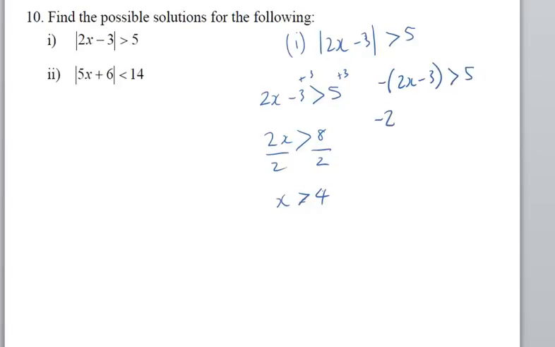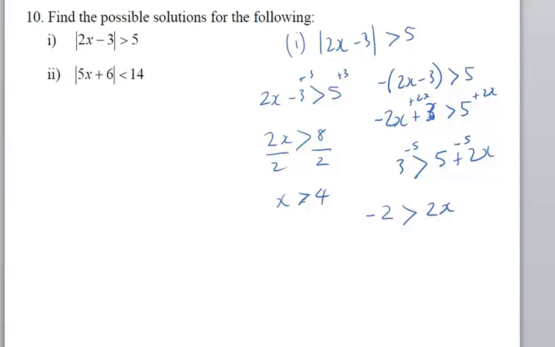So we get negative 2x plus 3 is greater than 5. And here we add 2x and add 2x. So 3 is greater than 5 plus 2x. Now we're going to minus 5 and minus 5. So 3 minus 5 gives us negative 2 is greater than 5 minus 5 is nothing, so it's greater than 2x.